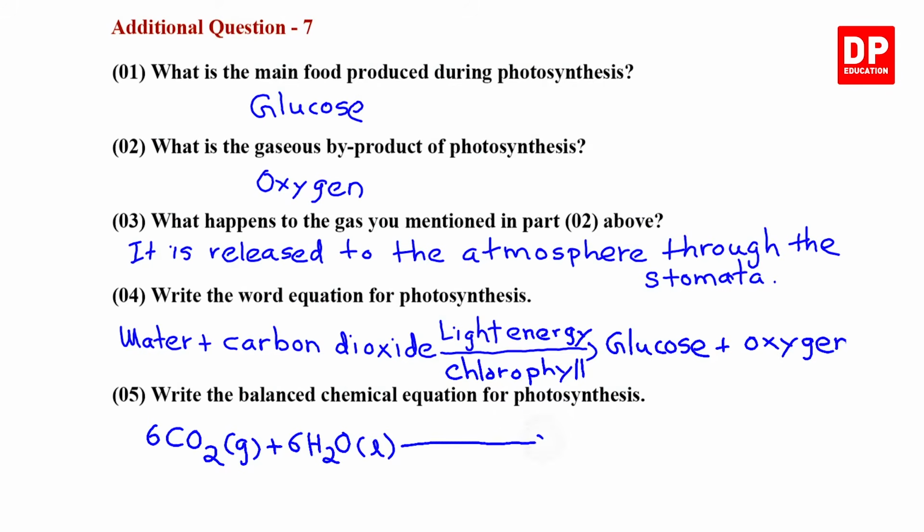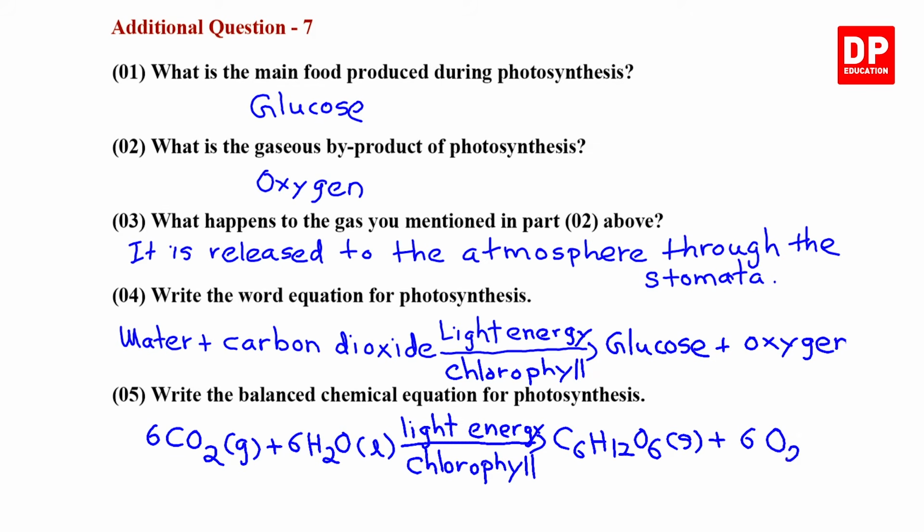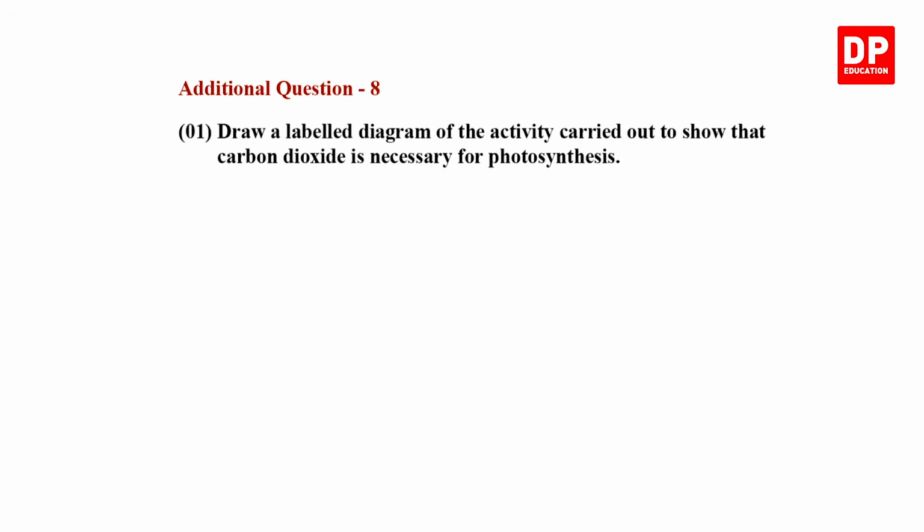Then we have light energy, chlorophyll. These have to be written in words. Then we get glucose C6H12O6, that is a solid, and 6O2 gas. I am sure you wrote the equation correctly. We'll move on to the next question.